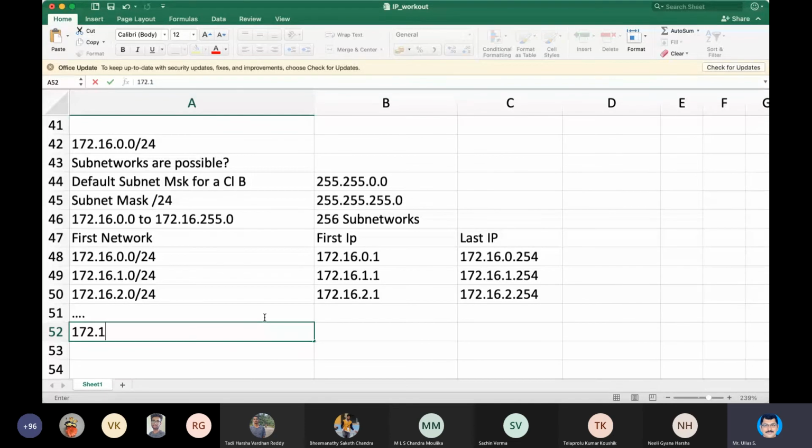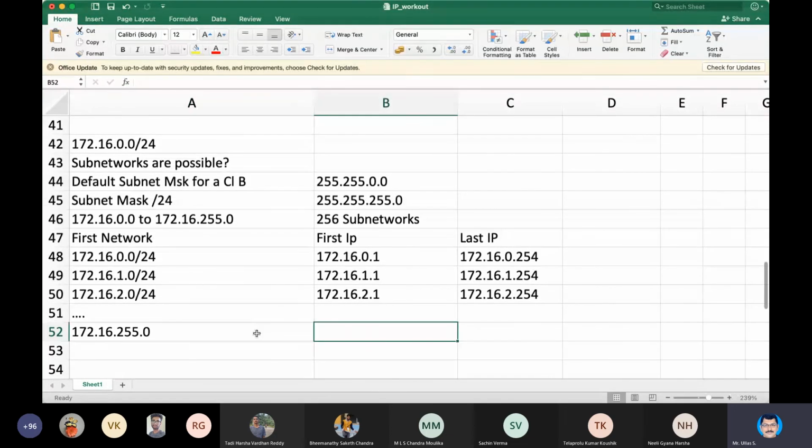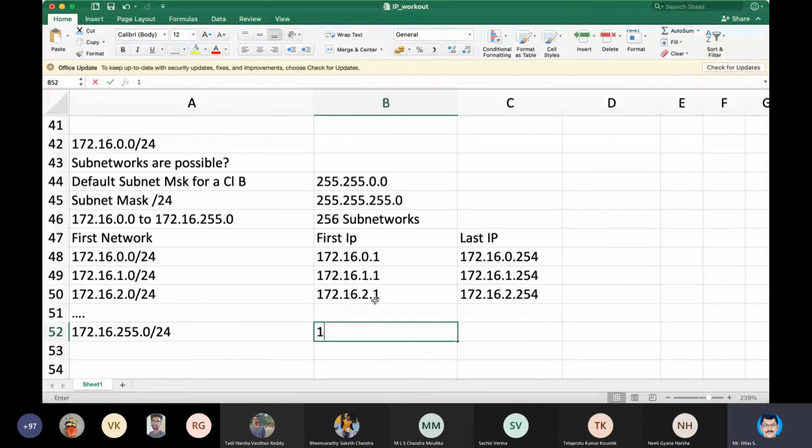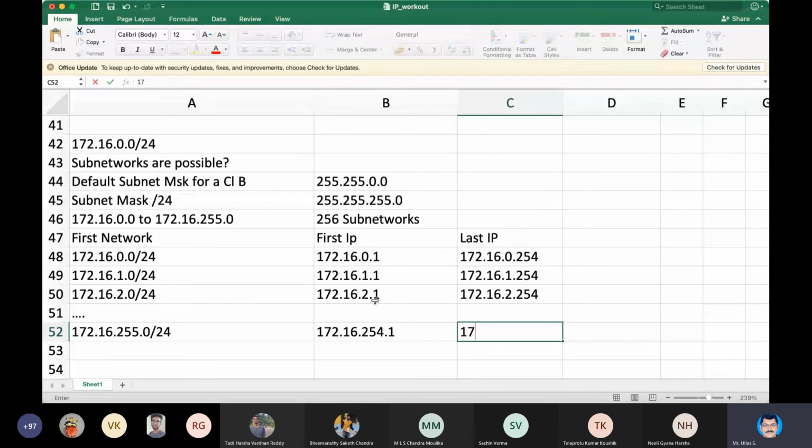The last network is 172.16.255.0/24. The first IP is 172.16.255.1. The last one is 172.16.255.254.